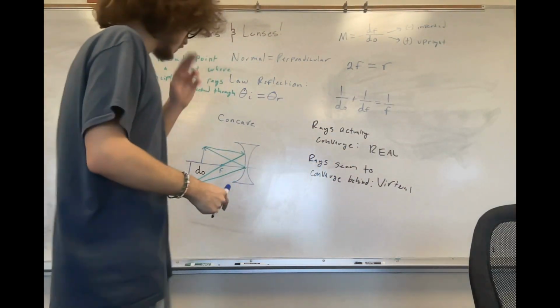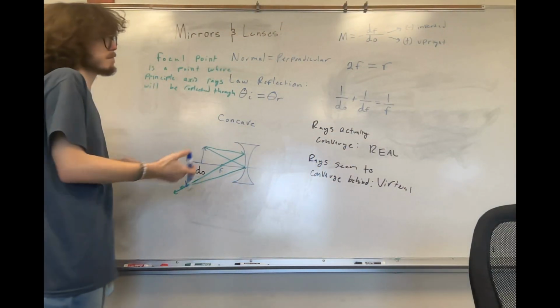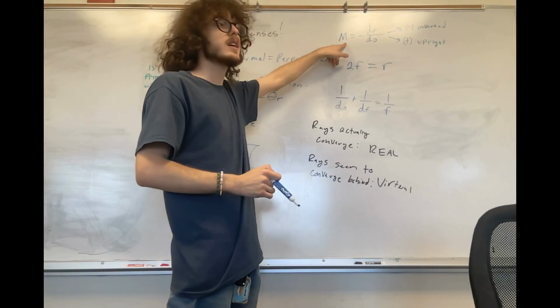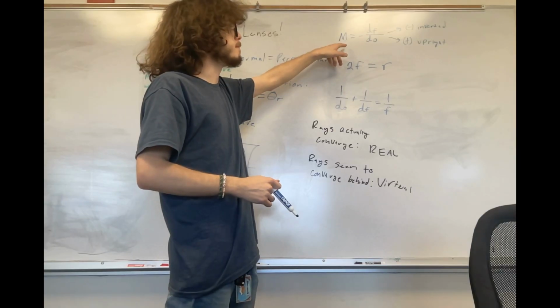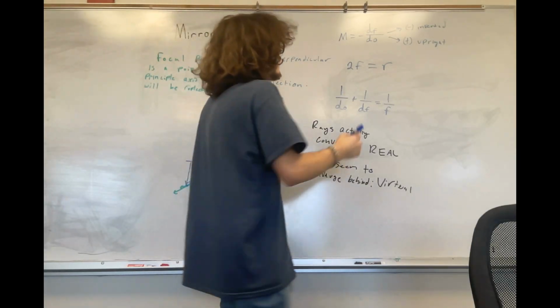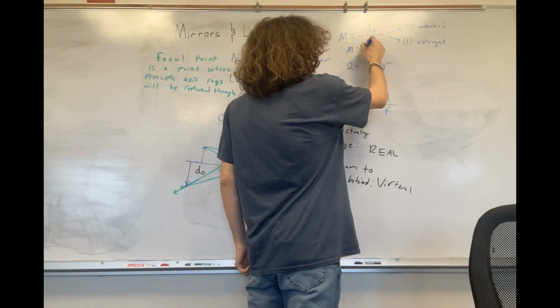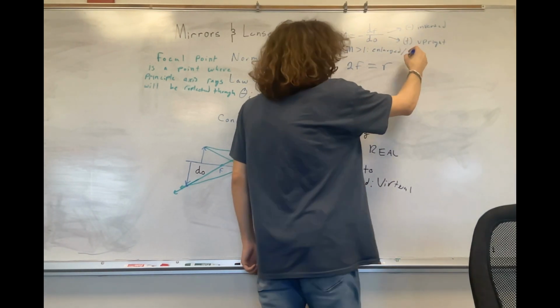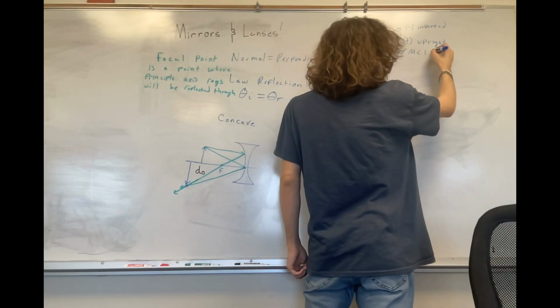Okay? So is it inverted or is it upright? Very simple formula. And the magnitude tells you if it's shrinking or being enlarged. So if m is greater than 1, it's enlarged. However, if m is less than 1, it is shrunk.